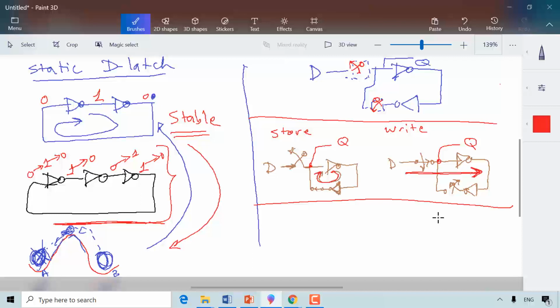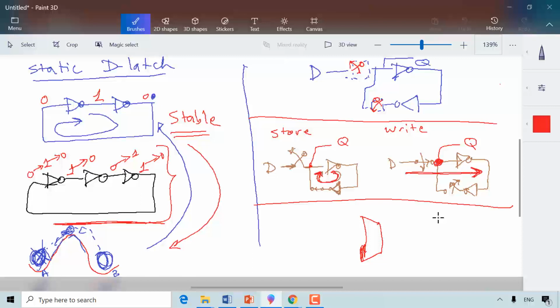How about if I want to implement this circuit-wise? Somehow we need to implement this, and the multiplexer comes to the rescue. The multiplexer provides this switching mechanism where we select either the feedback or the new data.